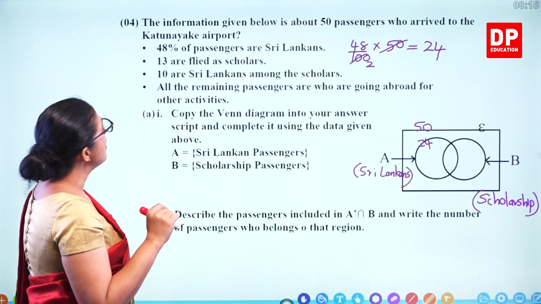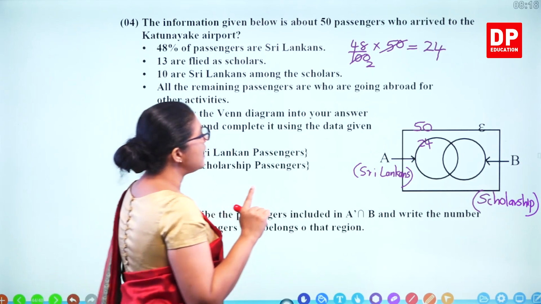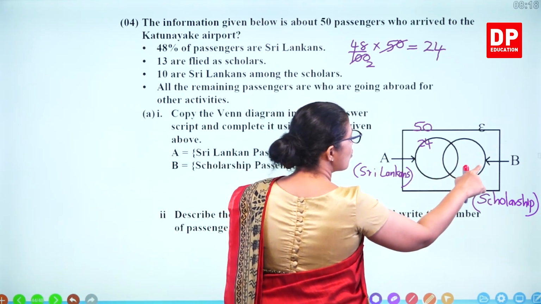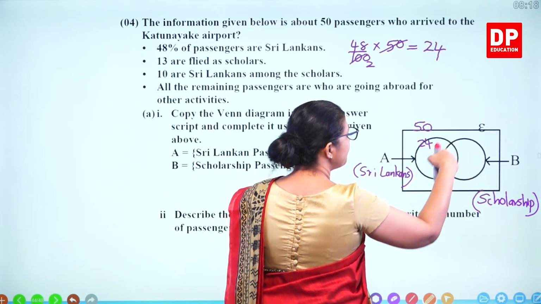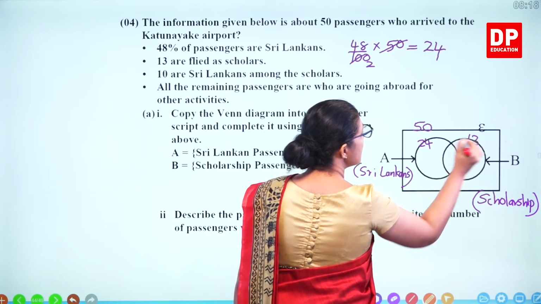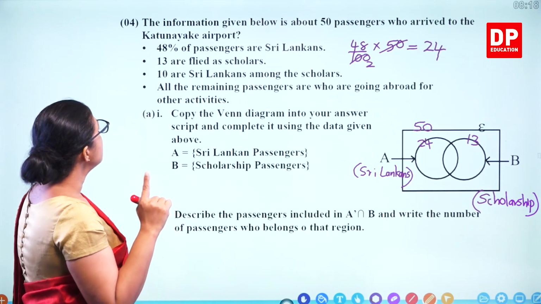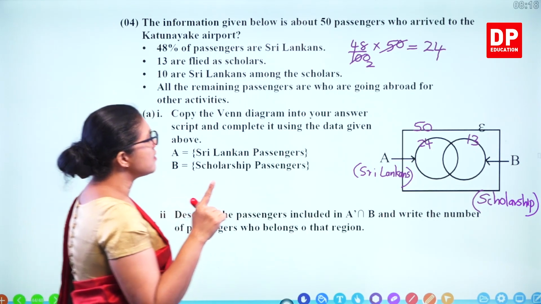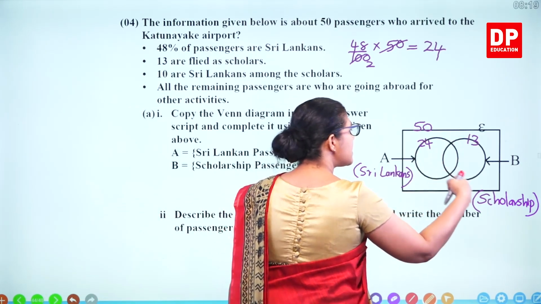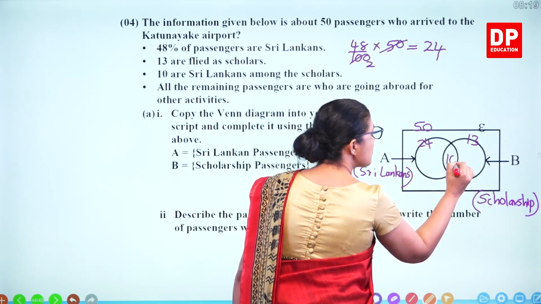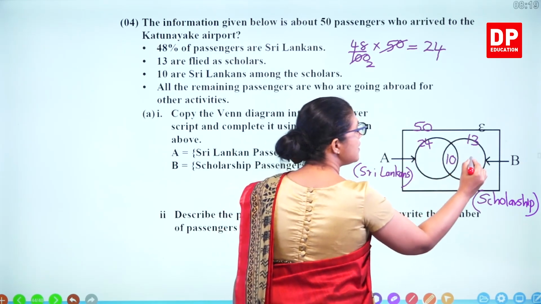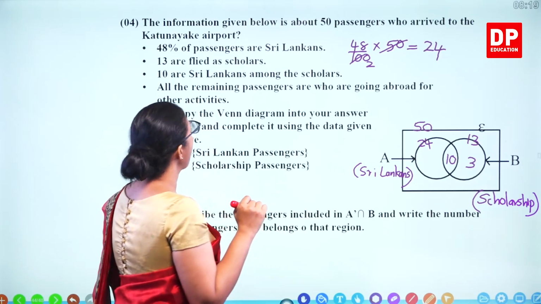13 are flagged as scholars. So scholars are there, 13. That's 13 on the circle B. 10 are Sri Lankans among the scholars. Out of these 13, 10 Sri Lankans means you put 10 here. So this becomes 3 now.